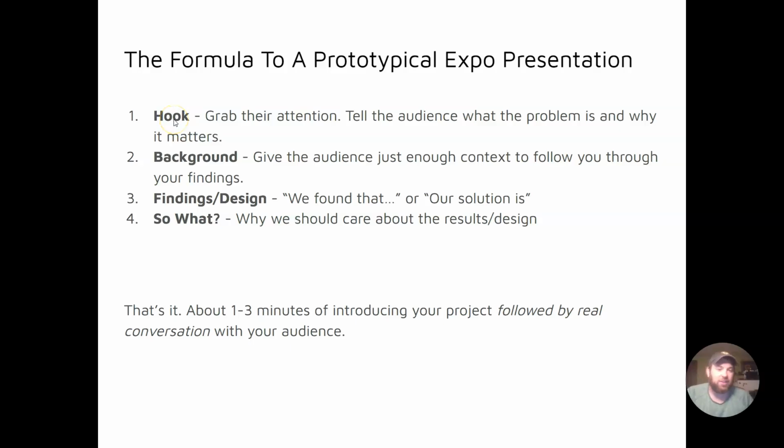First, you have a hook that you try to grab their attention with, and you tell the audience exactly what the problem is and why it matters. You are trying to gather their attention, as in relate this with statistics that mean a lot to them, or talk to them about an instance that they have encountered with a family member who has a disease, like arthritis or coronary artery disease.